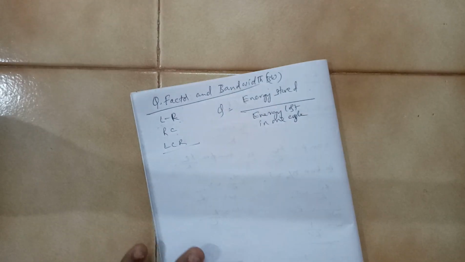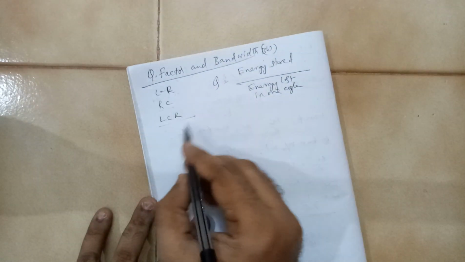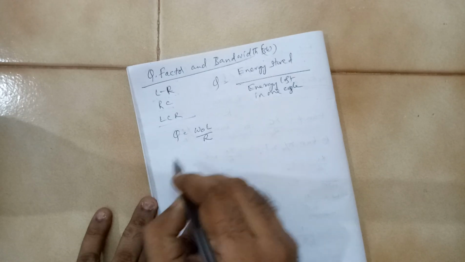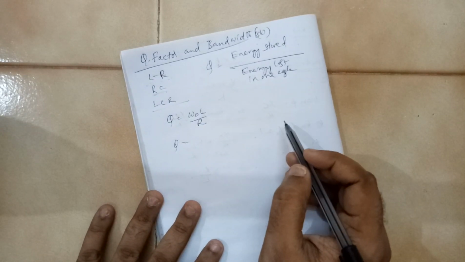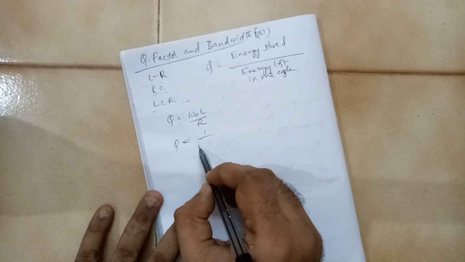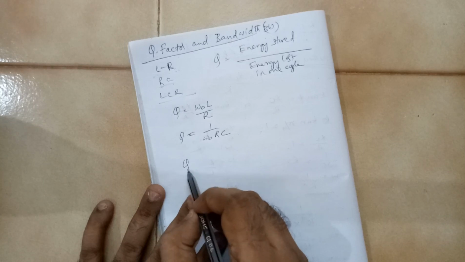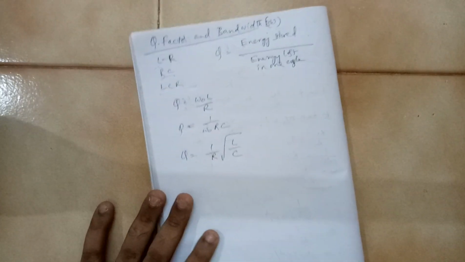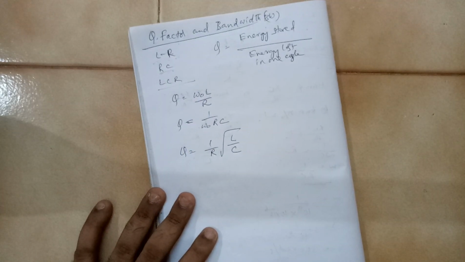This is the definition of Q. Mathematically, for an LR circuit, Q is equal to omega L by R. For an RC circuit, Q is equal to 1 by omega RC, and for an LCR circuit it is 1 by R into root over L by C. Here omega 0 is the resonant frequency.